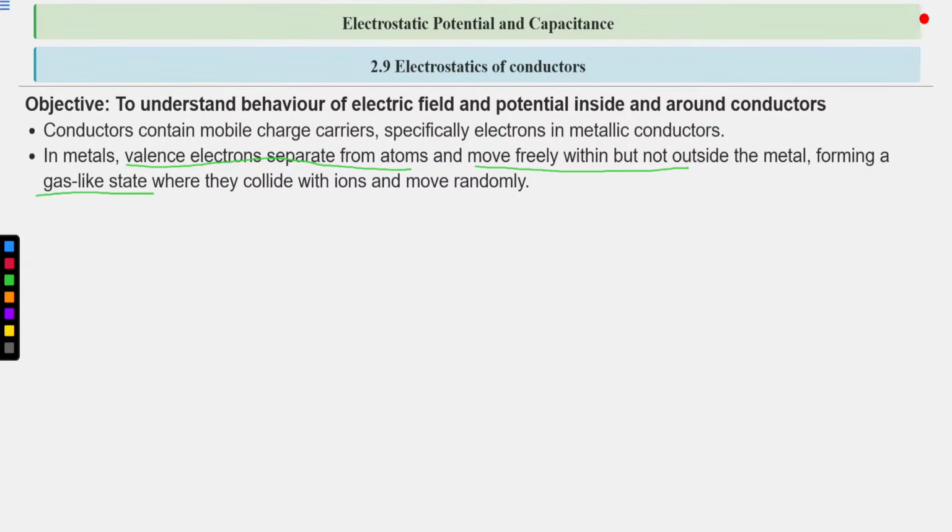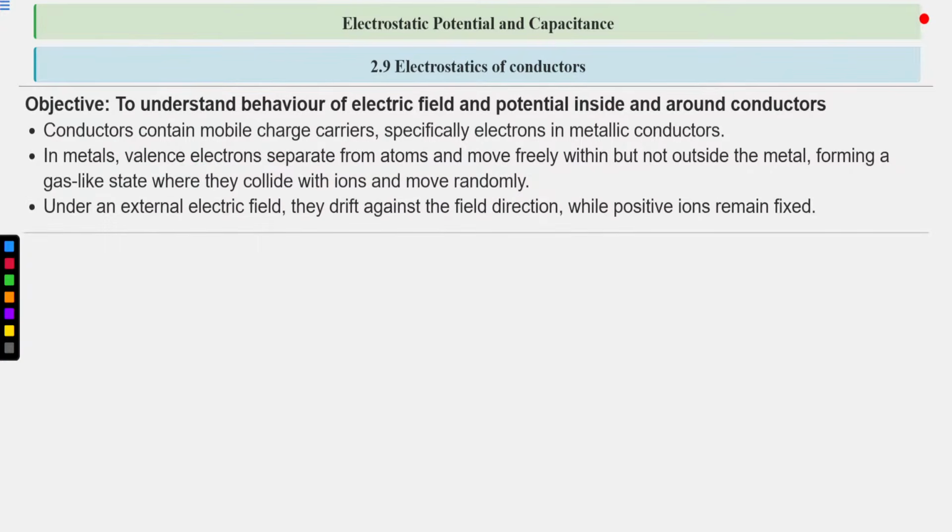What does this phrase, gas-like state, mean? In a gas, we know that molecules are in random motion and collide with each other. So electrons forming a gas-like state means they collide with the ions of the metal and move randomly, and also collide with themselves. So they form a gas-like state.